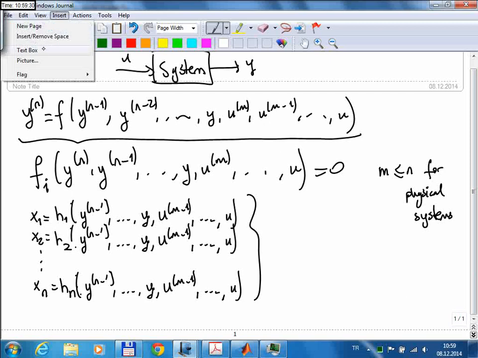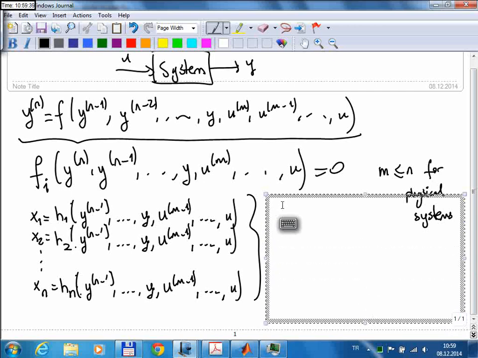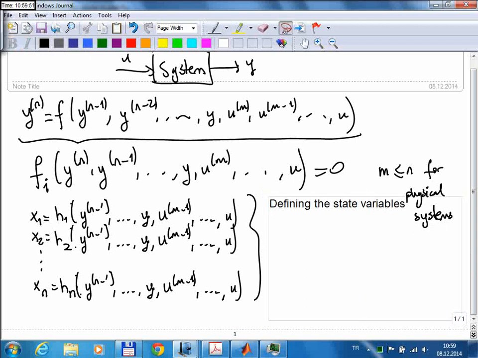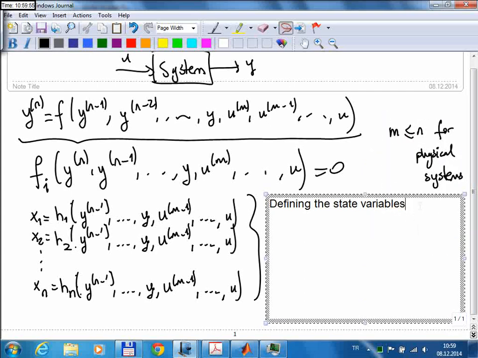So let me write an explanation here. State variables is a very important step.